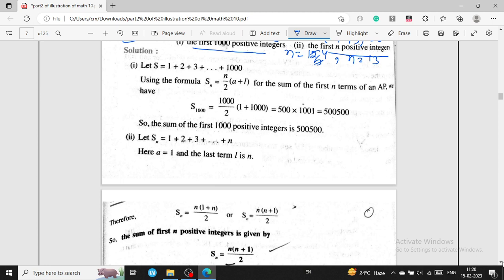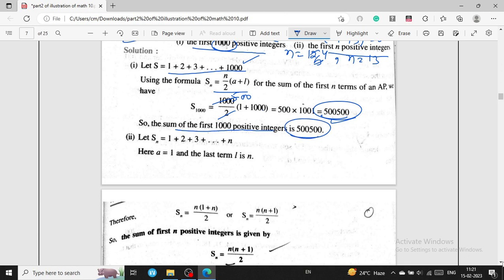Let us assume S is equal to 1 plus 2 plus 3 plus up to 1000. For the sum of first n terms we use here, instead of commas, plus signs, and the formula will be Sn is equal to n by 2 times (a plus l), because we have the last term, that is 1000. 1000 over 2 times (1 plus 1000), and 2 fives are 10, so 500 multiplied by 1001, and you can find this answer. This is the sum of first 1000 positive integers.